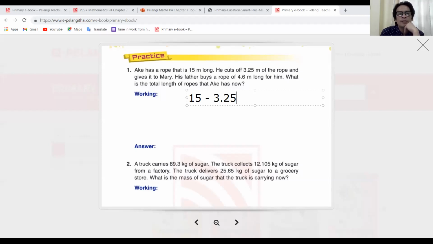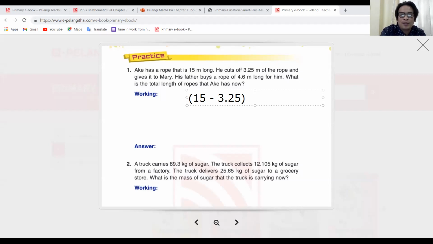Someone has a rope that is 15 meters long. He cuts off 3.25 meters of the rope and gives it to Mary. His father buys a rope of 4.6. What is the total length of ropes? Okay, so the question is, what is the total length of ropes that he has, not that Mary has, right?